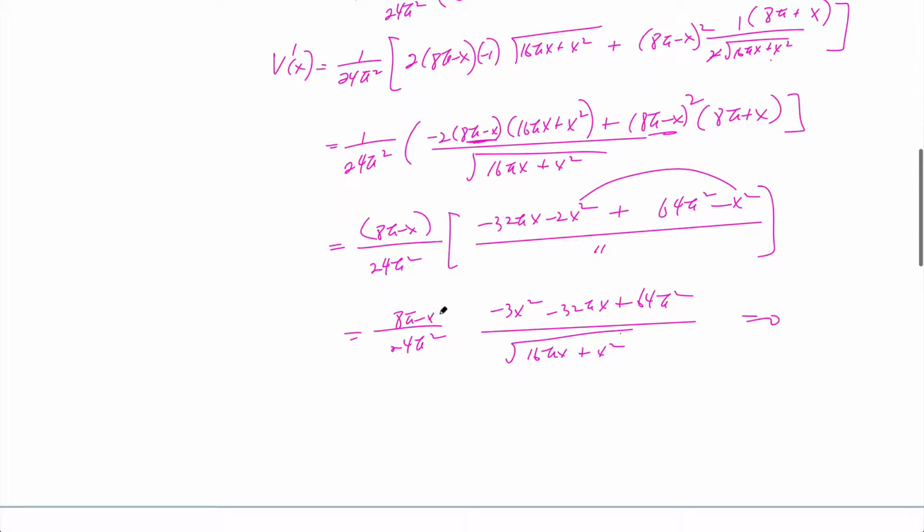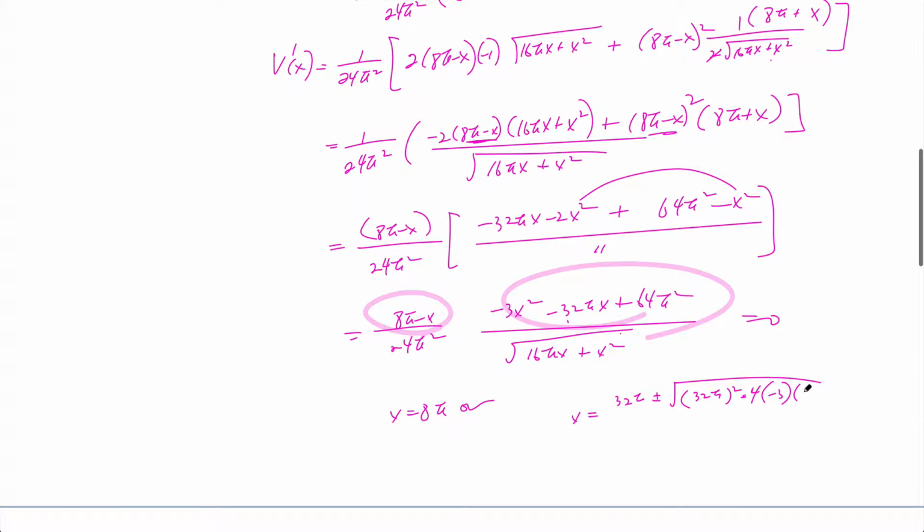Okay, so this will equal 0 when that's equal to 0 and when that's equal to 0. So when x is equal to 8 pi, or, okay, you can use the quadratic formula here. So minus b, which is 32 pi, plus or minus the square root of b squared minus 4ac, all over 2a.